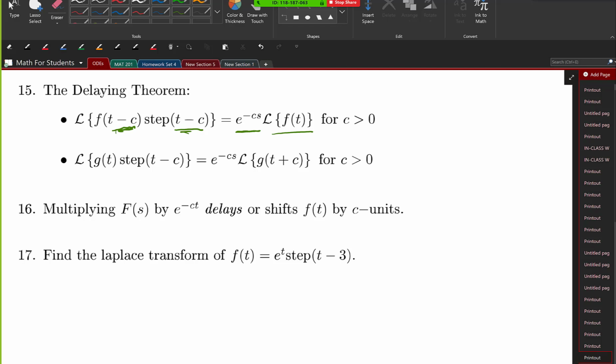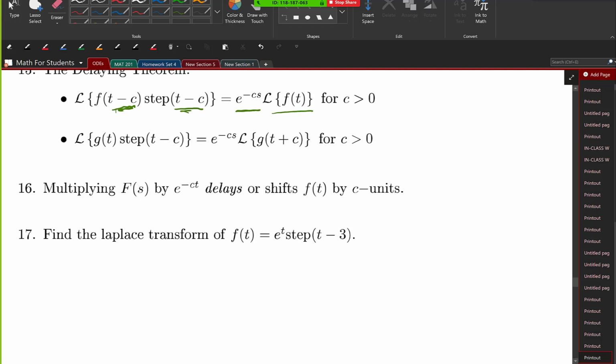Okay. So let's look at an example here. So actually, this statement tells us how to think about going backwards. It says if you multiply f of s by e to the minus cs, that delays or shifts f of t by c units.